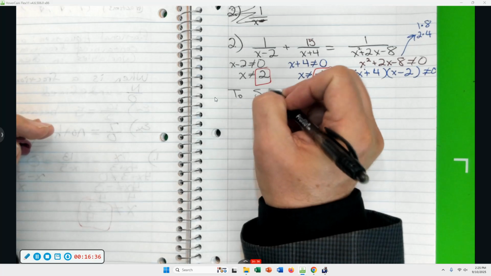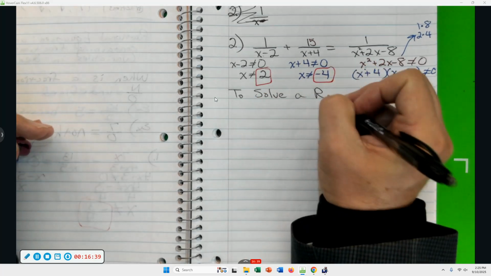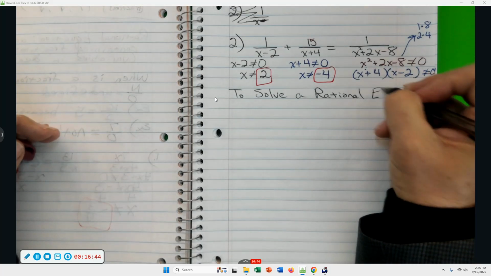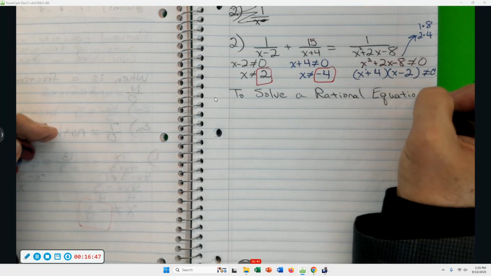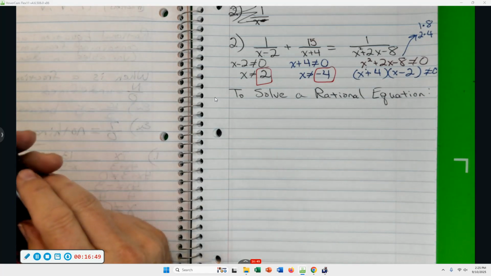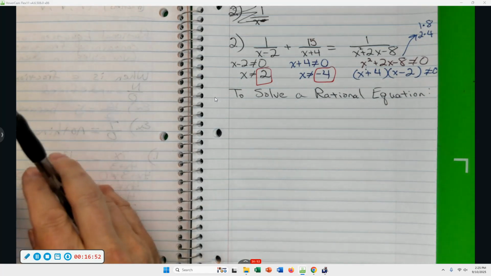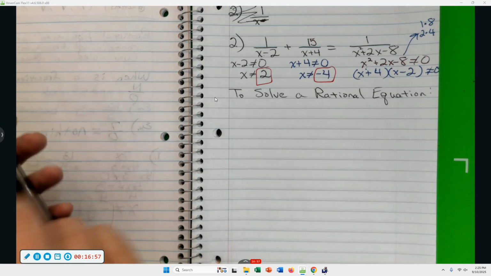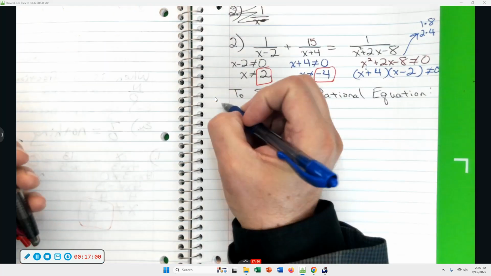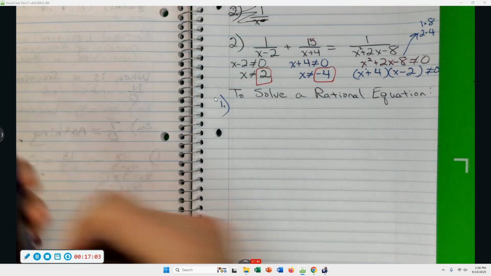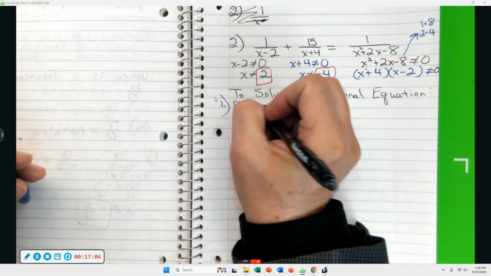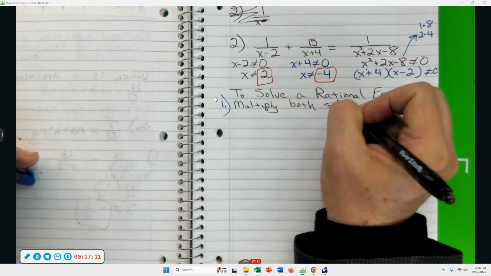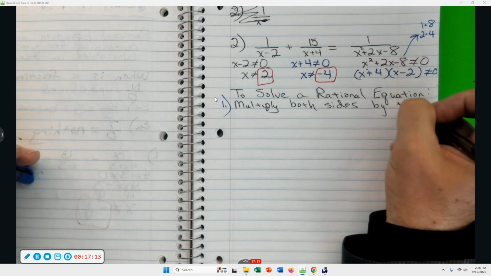Okay. To solve a rational equation, I'm just going to write a general process. I said the last time that denominator you're multiplying through by is called the least common denominator. And in this case, we're going to have some variables appearing in the least common denominator. The first step, we'll have to multiply both sides by the least common denominator.